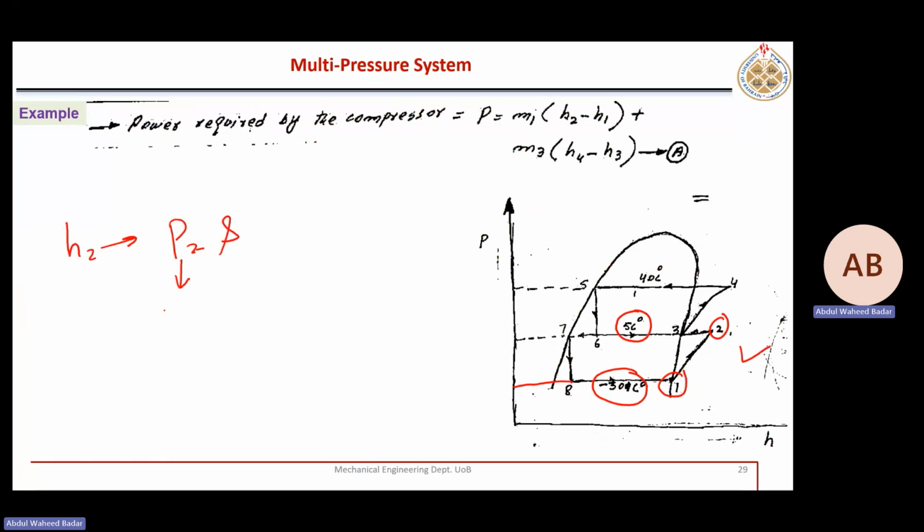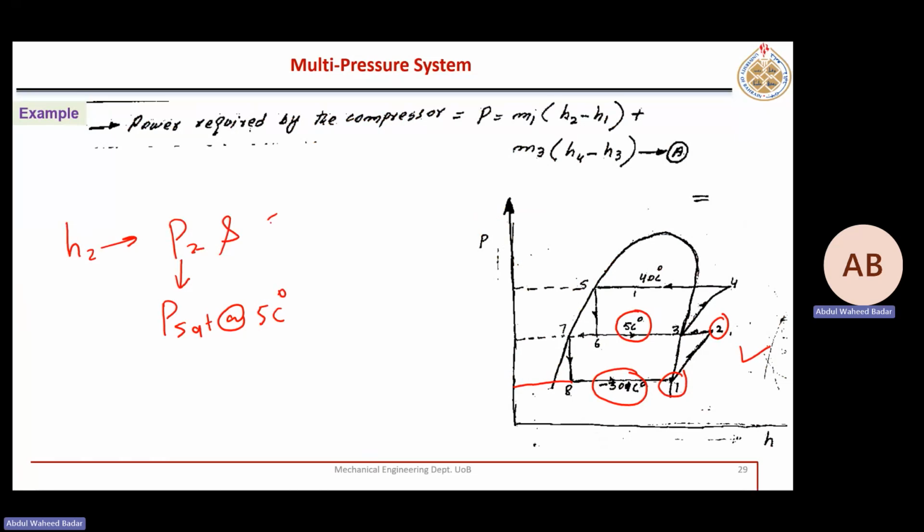Yeah, this is P set at 5 degrees Celsius. And I need another line to fix point 2. So this is pressure. What is this line? Entropy.